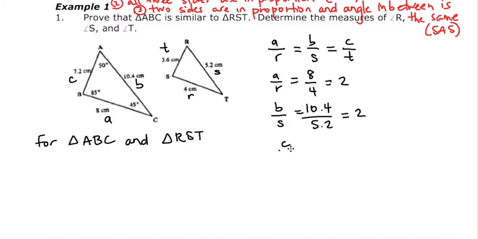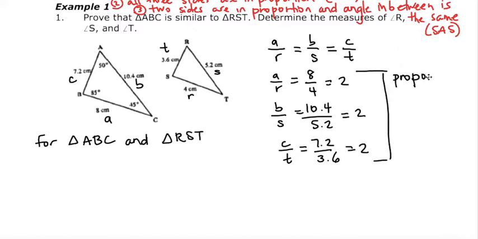And C over T is 7.2 divided by 3.6. Again, I'm just going to take my calculator and divide those 2 numbers, and I also get 2. So we notice that the proportions are equal, or sometimes these are called the ratios are equal.